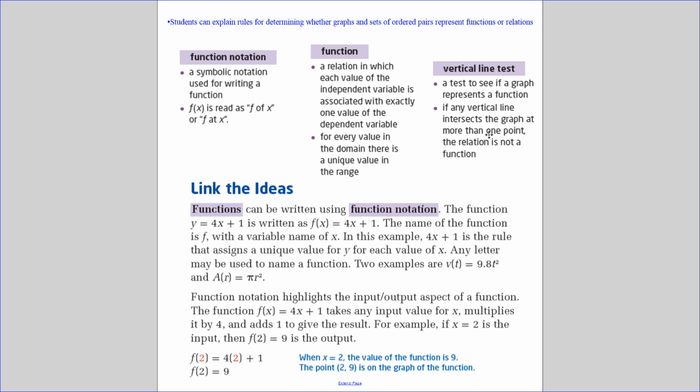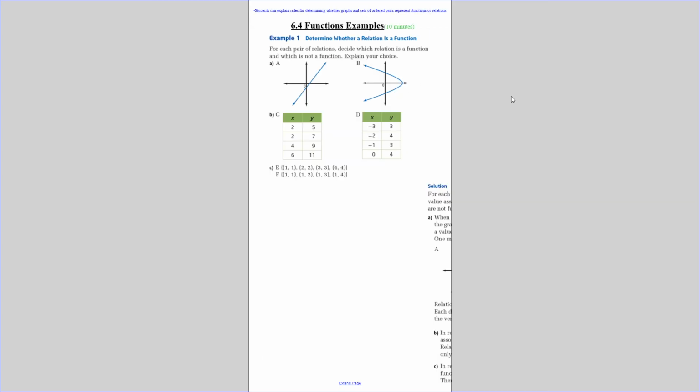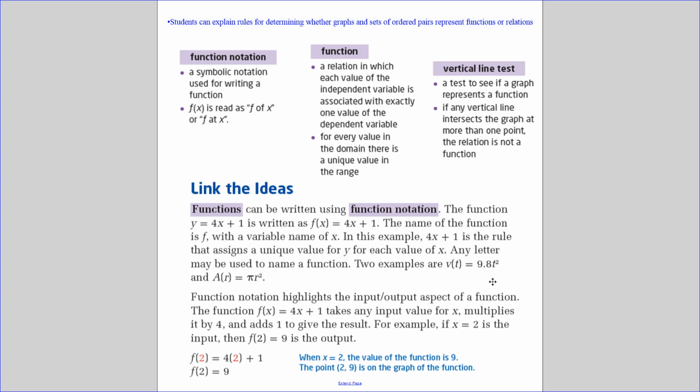The way that we can easily check if something's a function or not is by looking at the graph. Assuming there is a graph, we can just put a line through it. In your textbook, there is a picture on page 307 using a pencil to do the vertical line test.